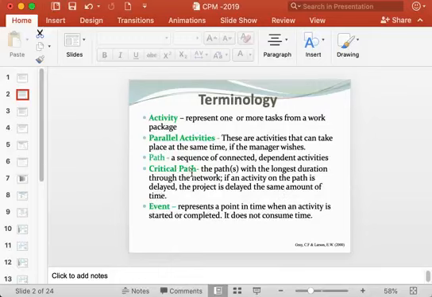So critical path is a path which has the longest duration through the network, and it is named as critical path because if any activity on the critical path is delayed, then the whole project will be delayed by the same amount of time.